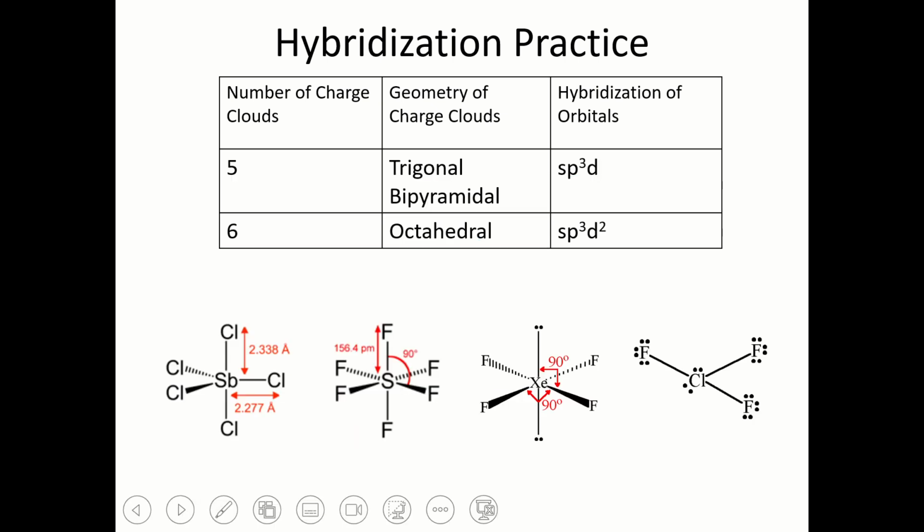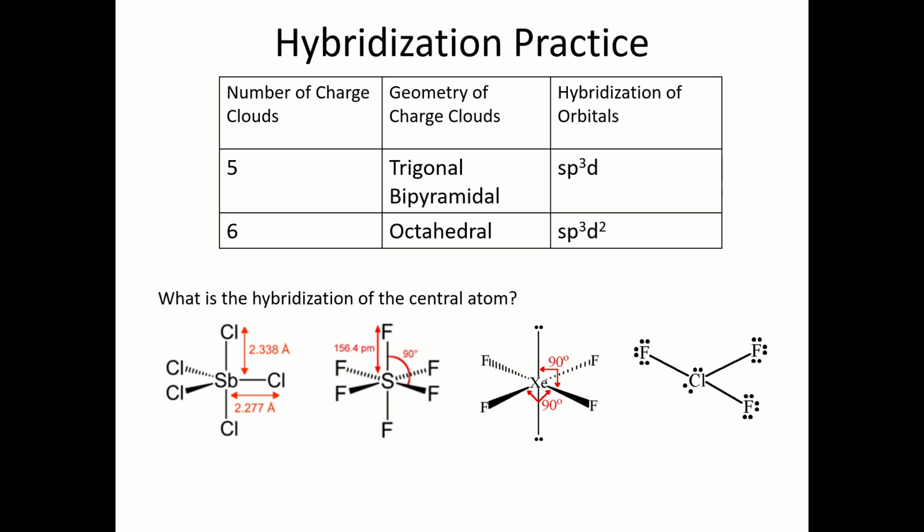Okay, now let's practice a few with the expanded octets. Again, what is the hybridization of the central atom? So looking at antimony here on the left, it has a total of 5 atoms that are directly attached with no lone pairs. That is our trigonal bipyramidal electron geometry. And so we've got an sp3d hybridization.